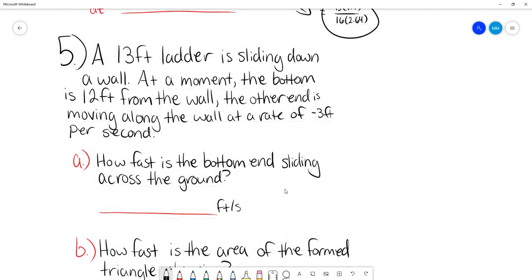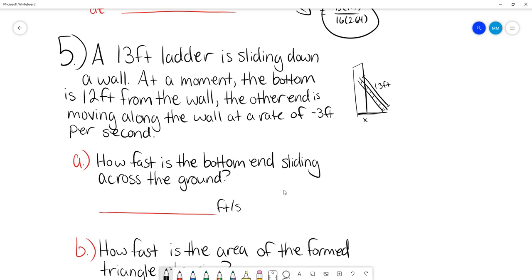So next up, it says a 13-foot ladder is sliding down a wall, which you could picture as, let's call this our wall, and I've got this ladder here. A 13-foot ladder is sliding down a wall. Figure not drawn to scale because this doesn't quite match the question. It says at this moment, the bottom is 12 feet from the wall.